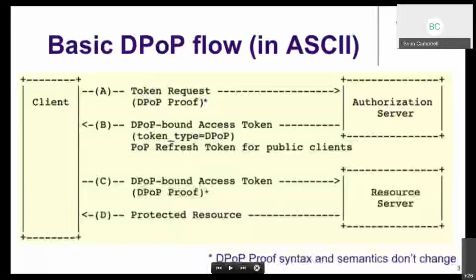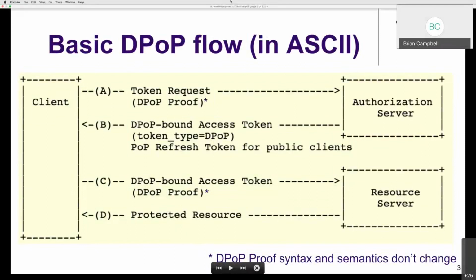The basic DPoP flow comes down to the usual OAuth flow, where you have your token request to the token endpoint to get the access token, and then you have your resource access.